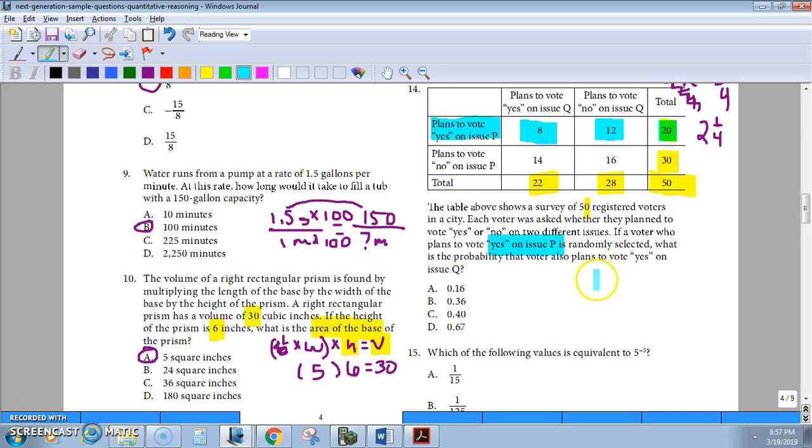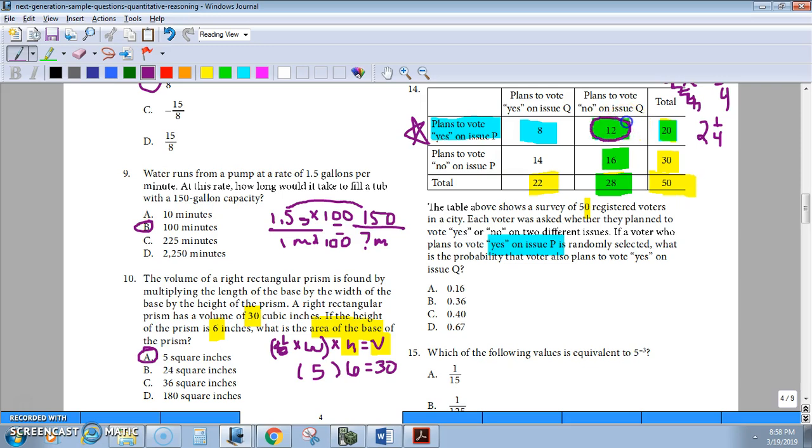What is the probability that the voter also plans to vote yes on issue Q? So people who plan to vote yes on issue Q are here, here, and here. So if you randomly select somebody in the blue column, what is the probability that they're going to vote yes on Q?